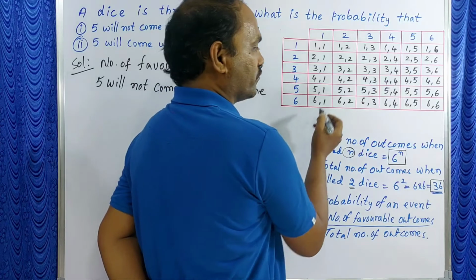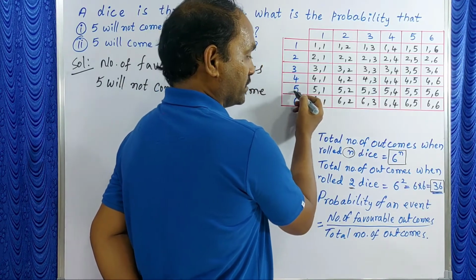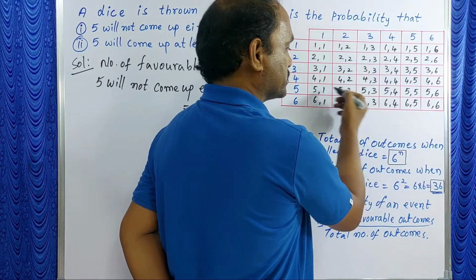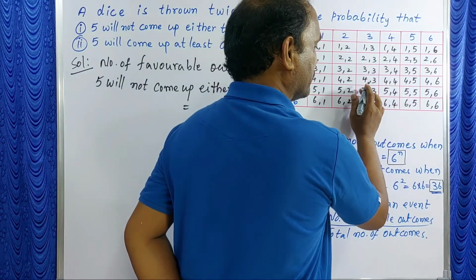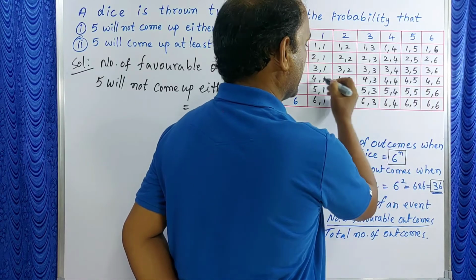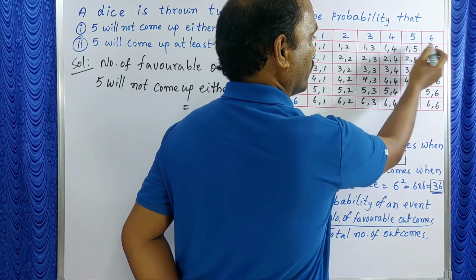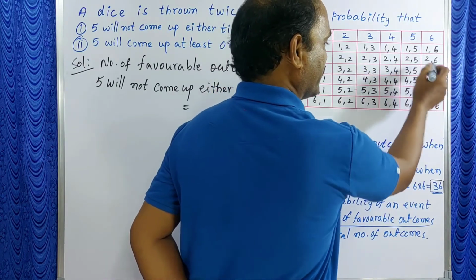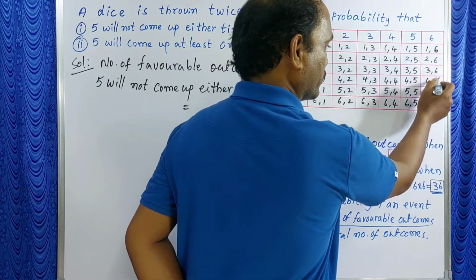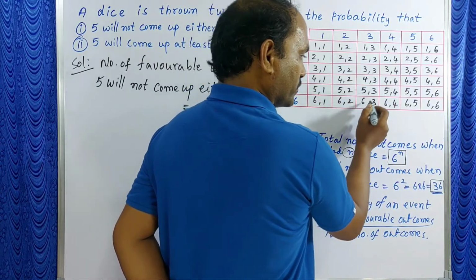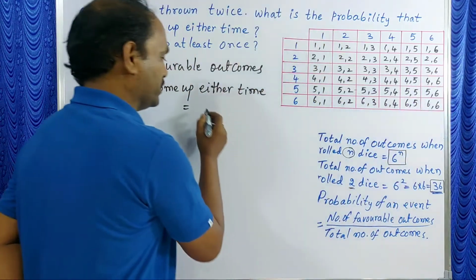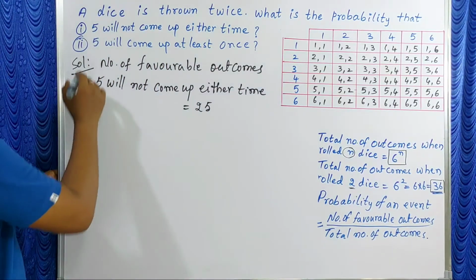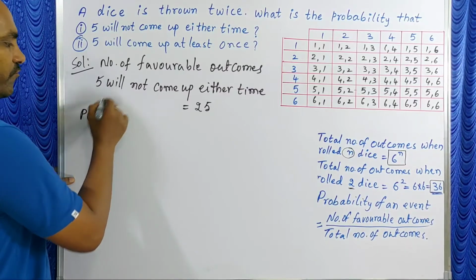Look here, this line and this line have 5s only. So, remove this line and this line, means here 1, 2, 3, 4, 5, 6, 7, 8, 9, 10, 11, 12, 13, 14, 15, 16, 17, 18, 19, 20, 21, 22, 23, 24, 25. 25 outcomes are there.